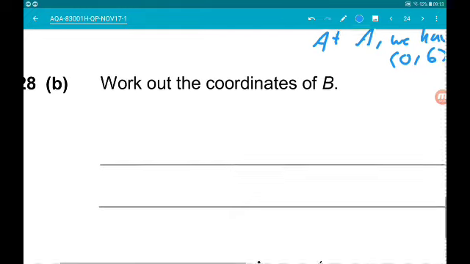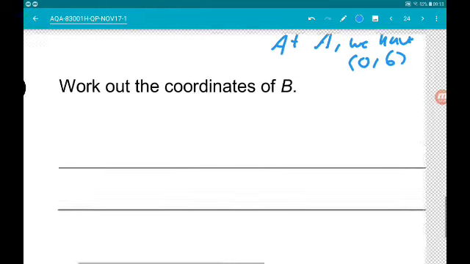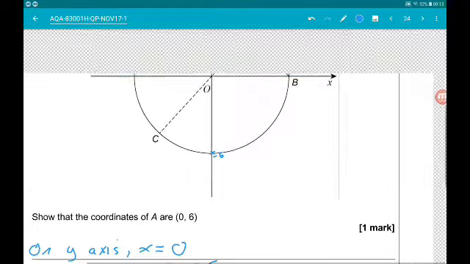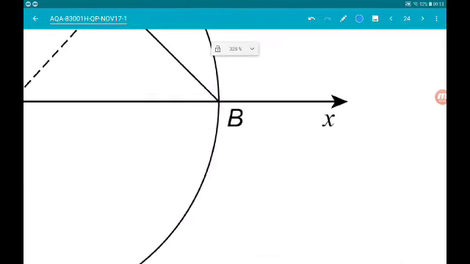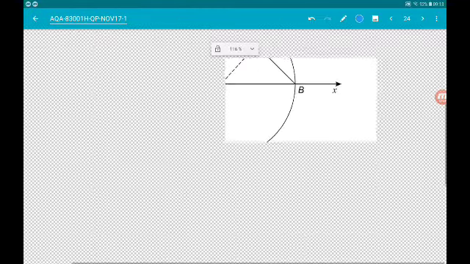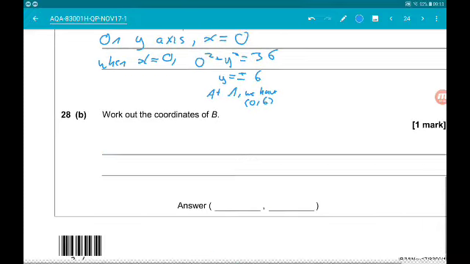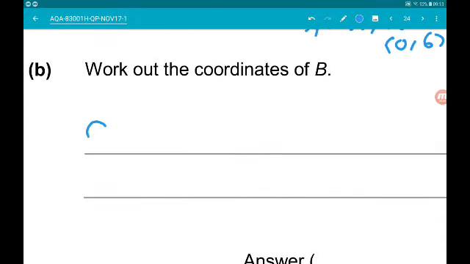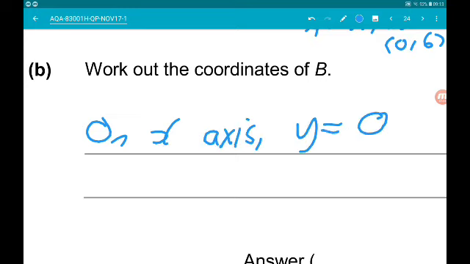Okay, part B wants us to work out the coordinates of B. So very similarly, on the x-axis, y is equal to 0.